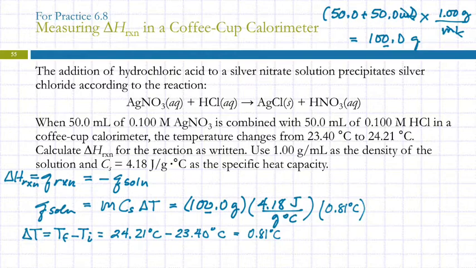Let's check the units. Degrees Celsius cancel. And grams cancel. So we'll do the math here. 0.81 times 4.18 times 100, 338.58. And that's joules.